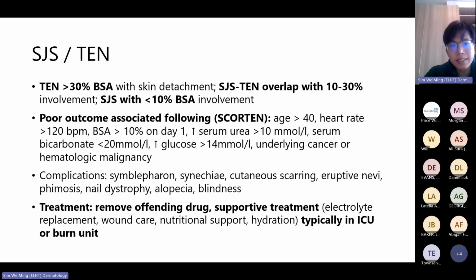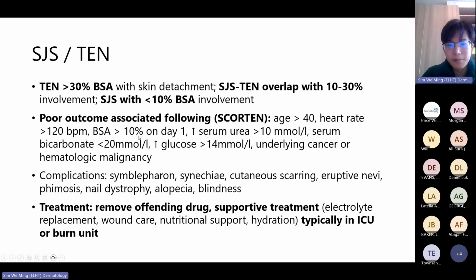And then SCORTEN was just the prognostic scoring criteria which I wanted to highlight to everyone. I personally don't feel like it's all that useful because most people that come into hospital anyway will be older than 40, so they'll score 1. At each one of these 7 variables, they'll all score 1. And if you look at the case that we've got, his heart rate was 117, but it's not that difficult to get the heart rate up if you're dehydrated.